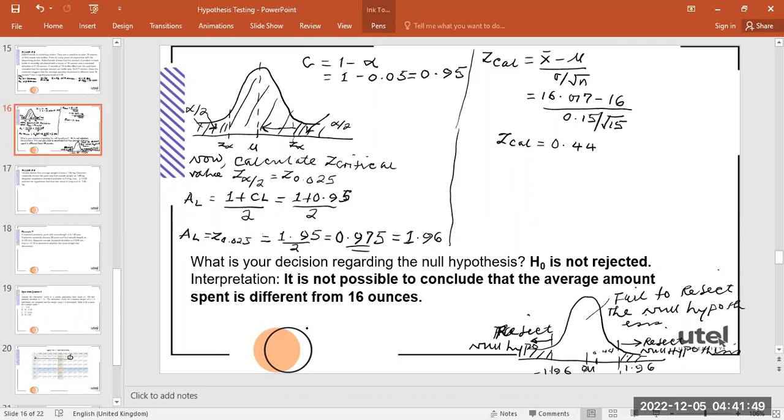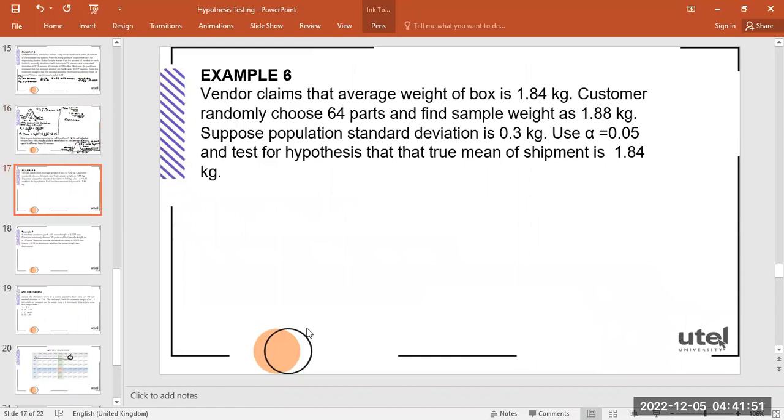Now let's make progress. The second example here says a vendor claims that the average weight of a box is 1.84 kilogram. And then a customer randomly chooses 64 parts and finds that the sample weight is 1.88 kg.